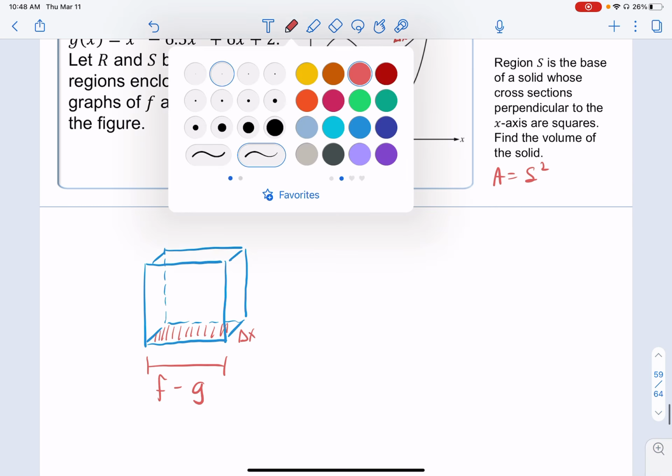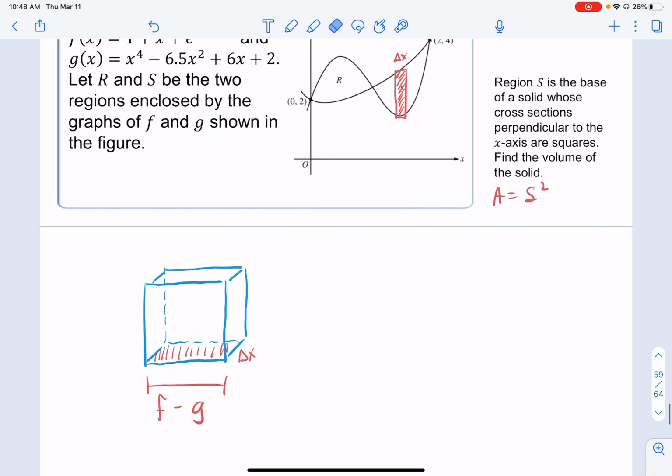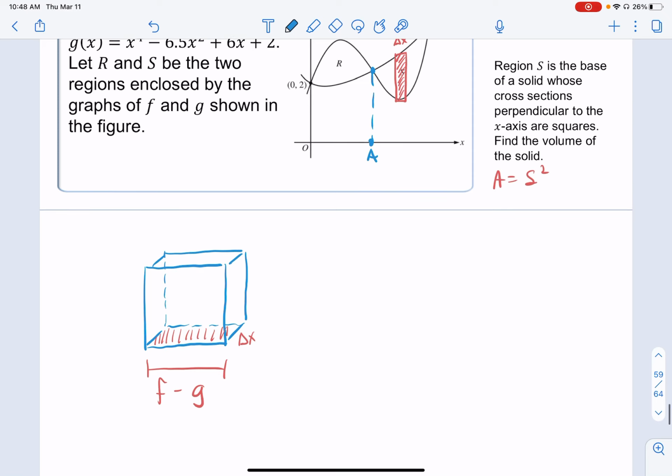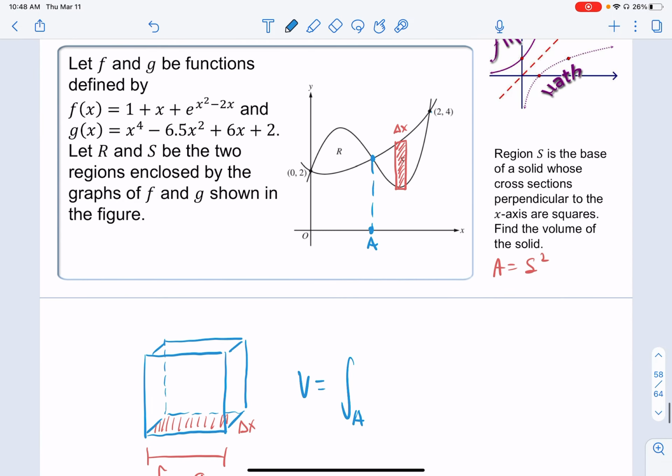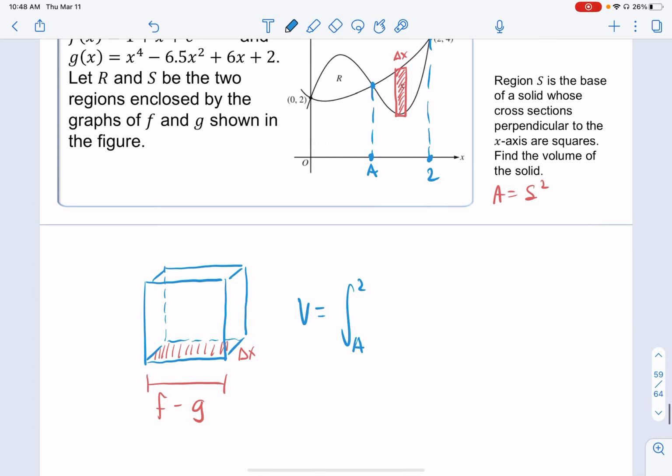If I throw this into my calculator, this is what I'm going to type. Assuming, again, that this point of intersection was A, which we will have to find, our volume would be equal to the definite integral from that A value, whatever it is, up to 2, which is given to us here, of f of x minus g of x.